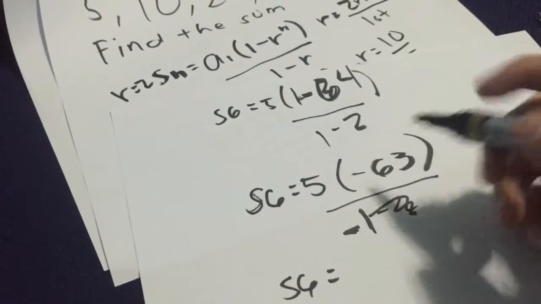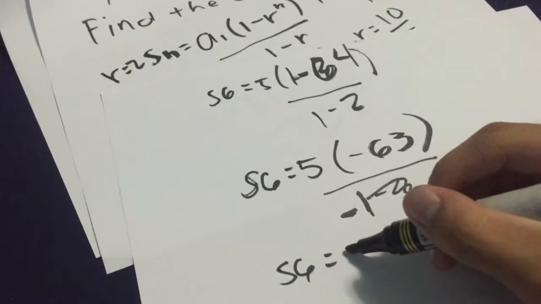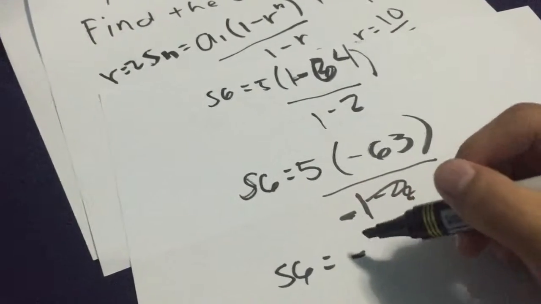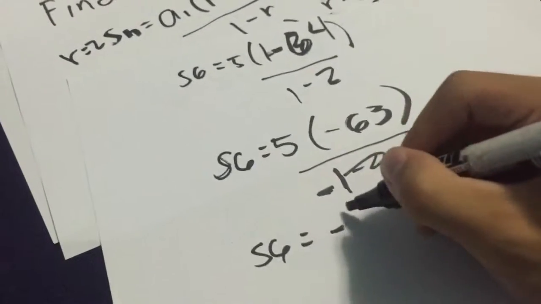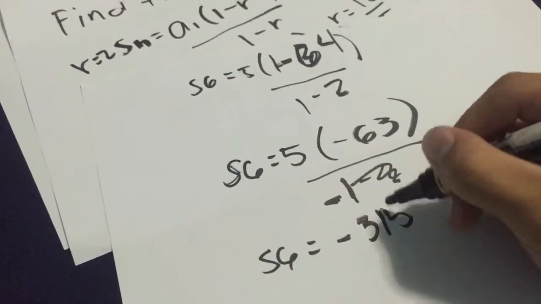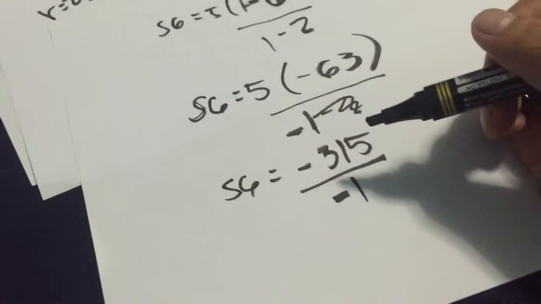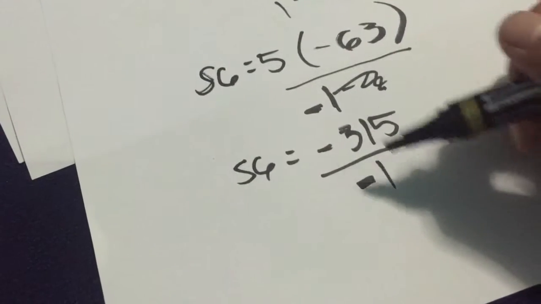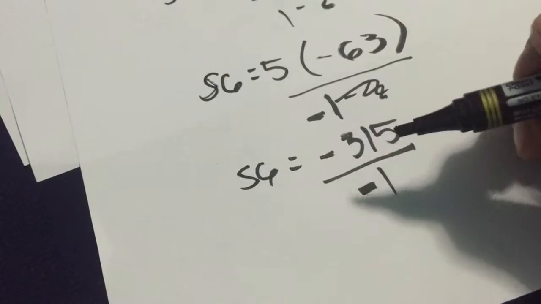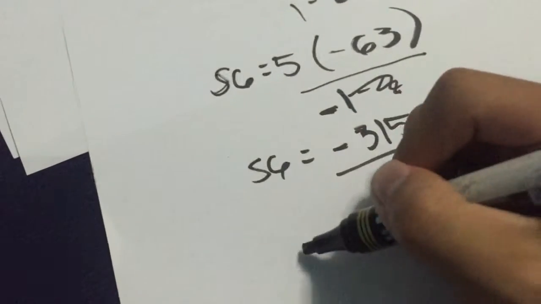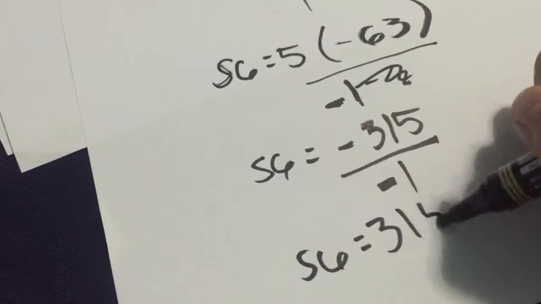And since this is negative, our number is also going to be negative. So negative 315 over negative 1. So we are going to divide this. Negative 315 divided by negative 1 is going to be 315.